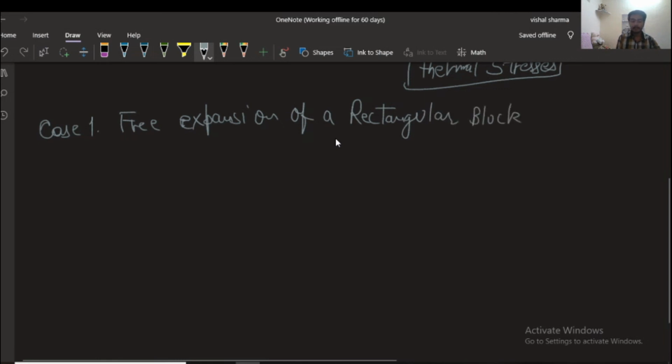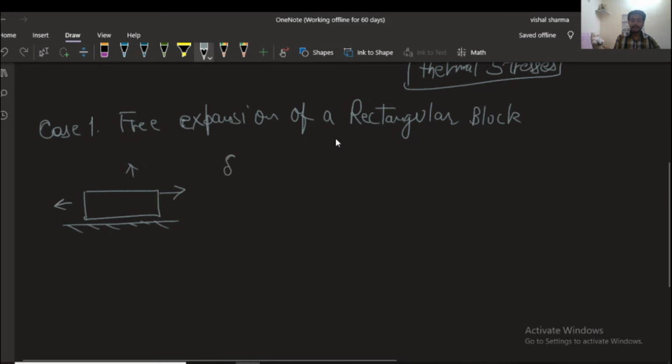Here is a rectangular block that is free to expand. It is resting on a surface, and there is no obstruction on the other faces, so it can freely expand in the X, Y and Z directions. So it is the case of free expansion.